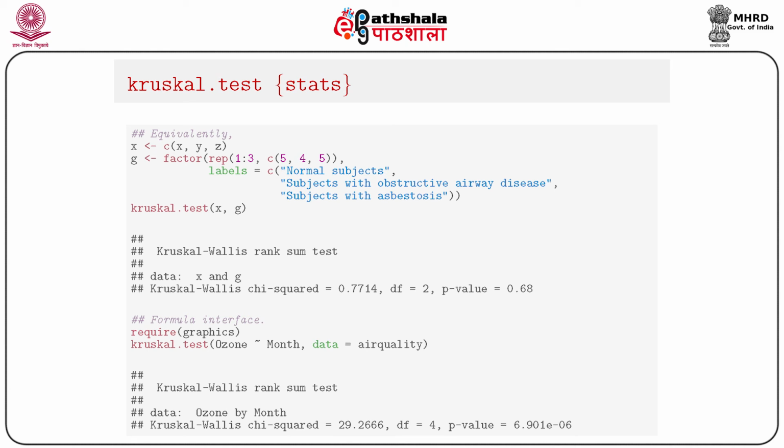It could be the same test by different functions. These are the functions that come by default once you install the software. I mean, this is sufficient for doing the non-parametric test for difference, I mean, the difference between two means or the difference between more than two means.